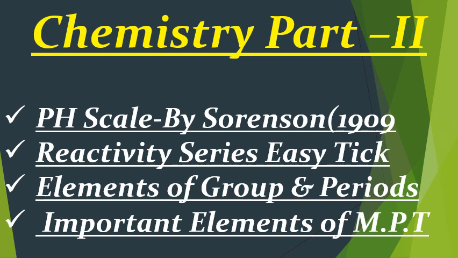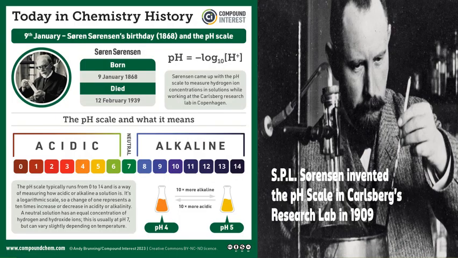In this video, the topics covered are: the pH scale given by Sorenson, the reactivity series for displacement reactions, elements of groups and periods, a trick to remember the elements group-wise and important elements of the M.P.T., and characteristics of important elements of the modern periodic table given by Henry Moseley in 1913.